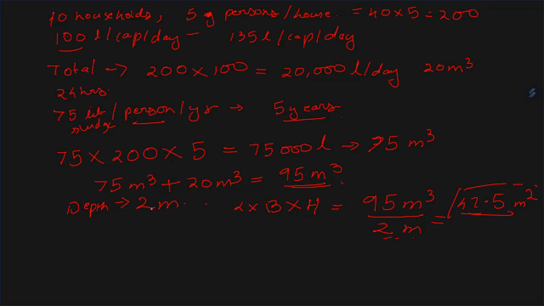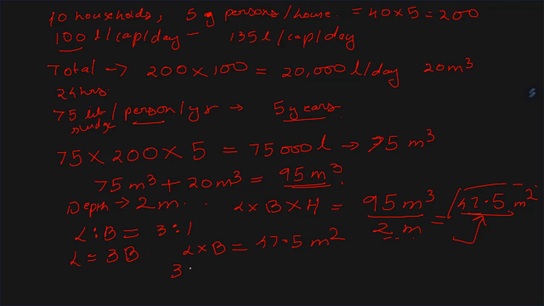Now length and breadth we don't know. As I said, the length to breadth ratio is taken as 2 is to 1, 3 is to 1, or 4 is to 1. As a standard I will take it as 3 is to 1. This means my length is nothing but 3 into b. Therefore my area, which is length into breadth, is equal to 47.5 meters square.